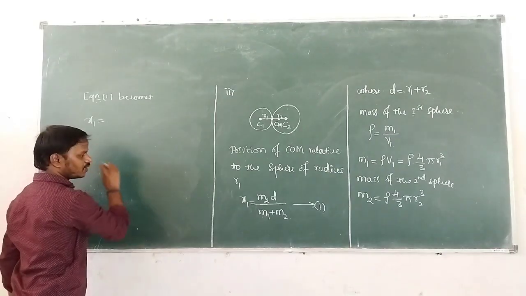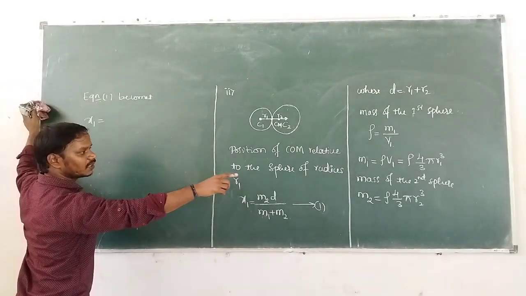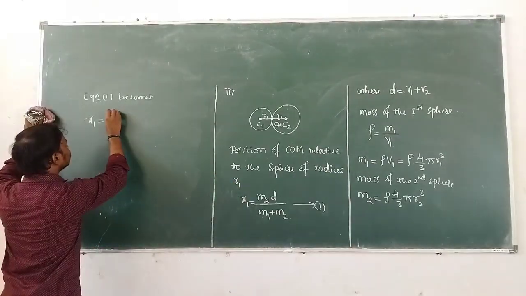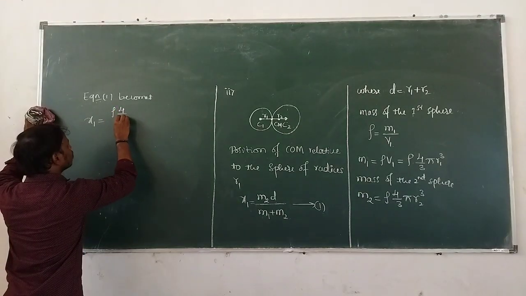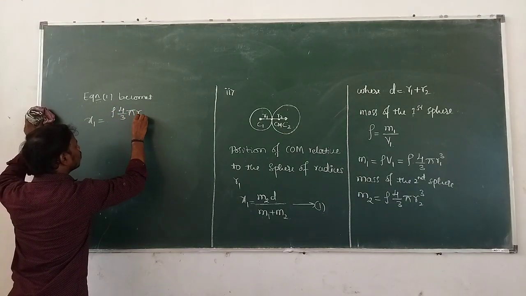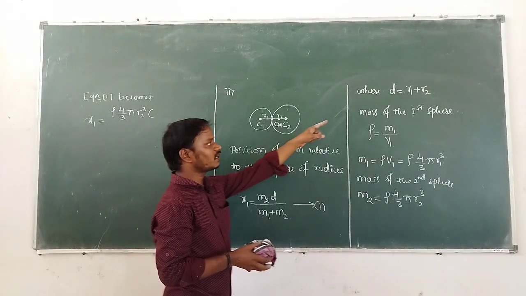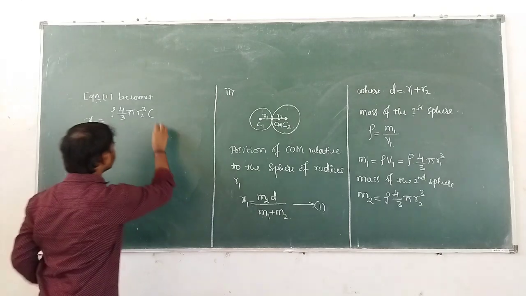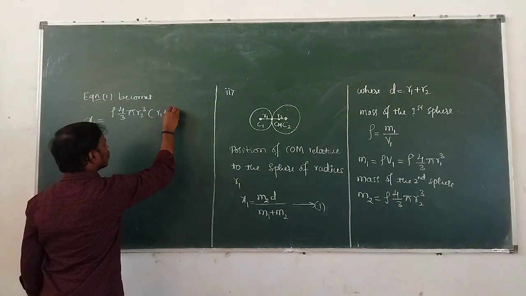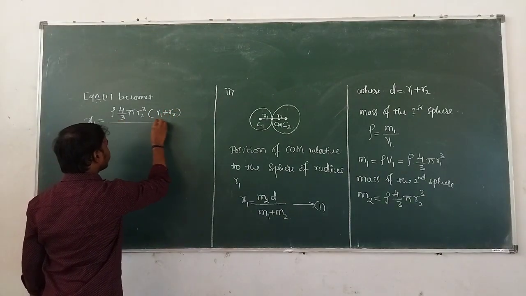Now x1 is equal to m2, which is rho 4 by 3 pi r2 cube, into the bracket, d, which is nothing but r1 plus r2, then divided by m1 plus m2.